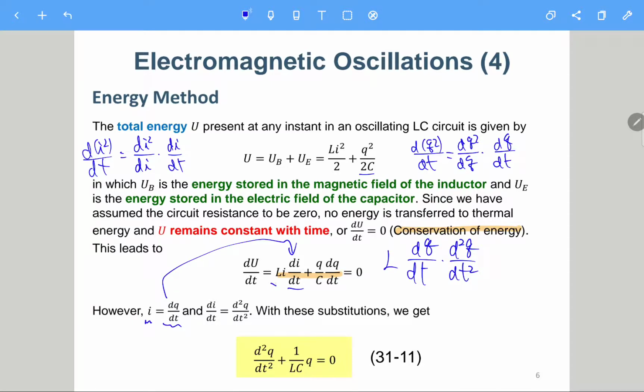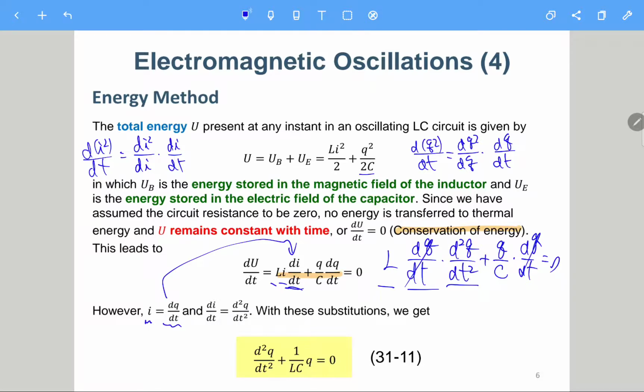So we have L is this one, I is dq dt, di dt is d2q dt2, and then plus q over c times dq dt. Okay, like this. And of course dq dt is not 0, so this one and this one cancel.